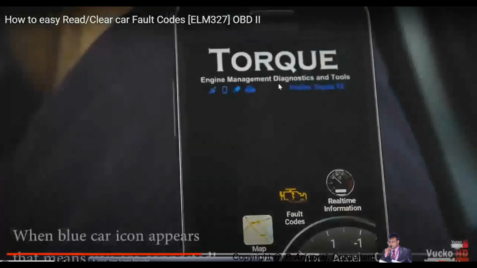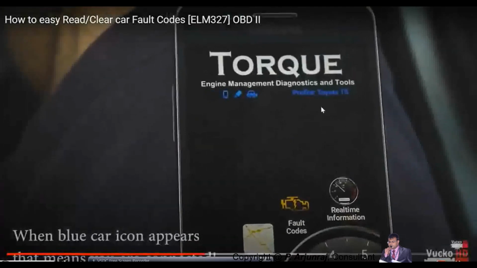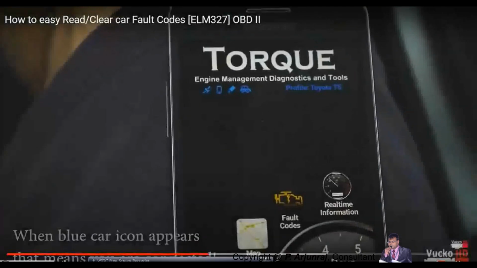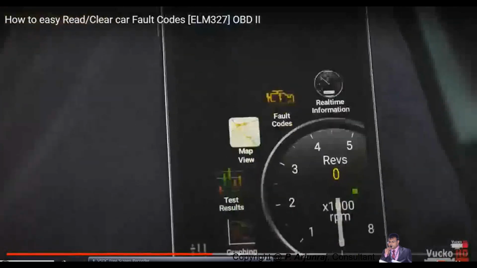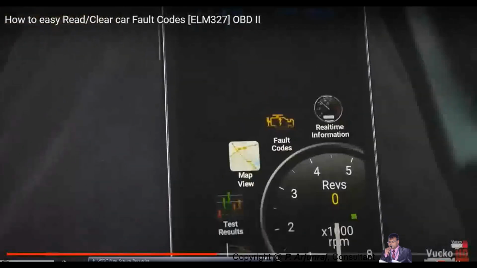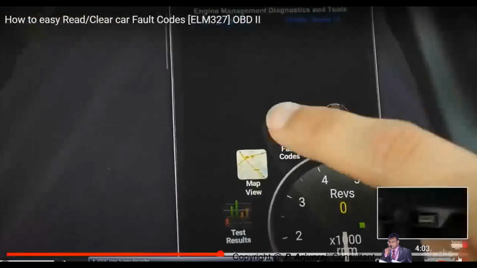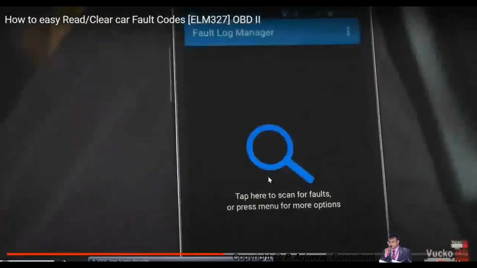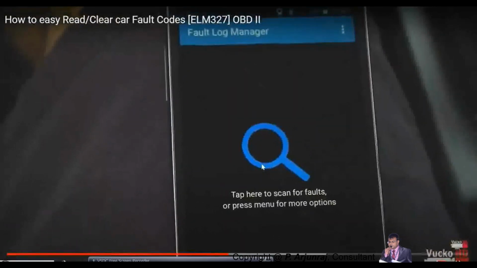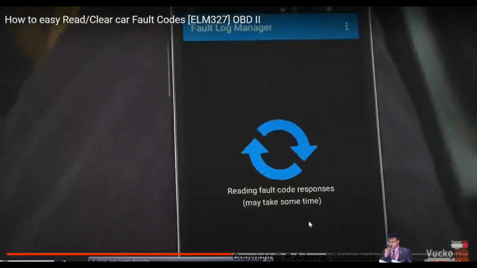It is the Torque engine management diagnostic tool. This is how it looks. See, there are fault codes. If there is any fault, you will get an indication.